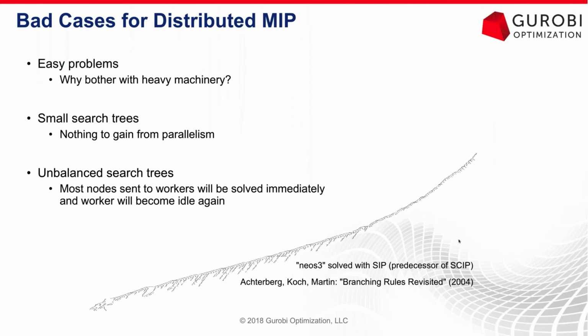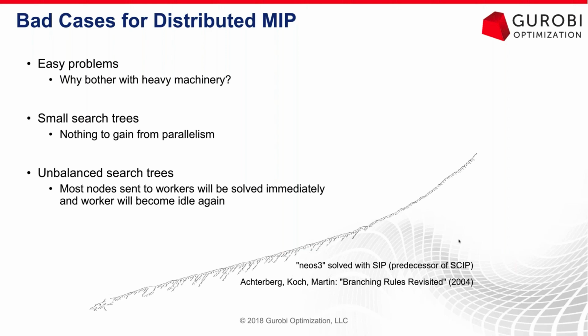Many models do not benefit from distributed MIP. If it's an easy problem, you're using too much machinery, and in fact, those models will often be slower with distributed MIP because of the additional overhead. So if it's a model that is particularly easy, maybe it's optimal immediately, there's no benefit.